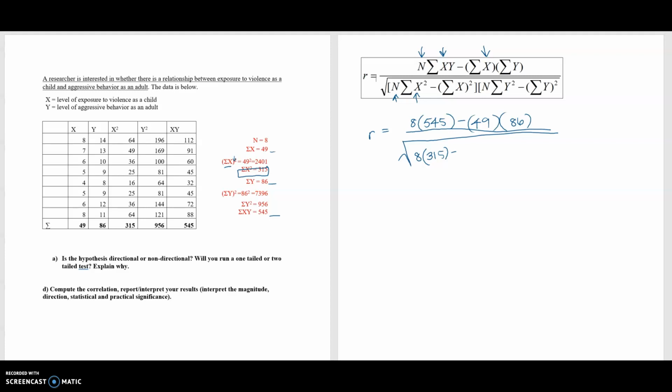And that value is 2,401. All right, we're going to do the same thing for y. It's 8, that's our n size. The sum of our squared y's was 956 minus the sum of y squared, which was 7,396.